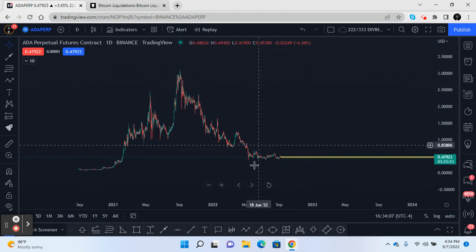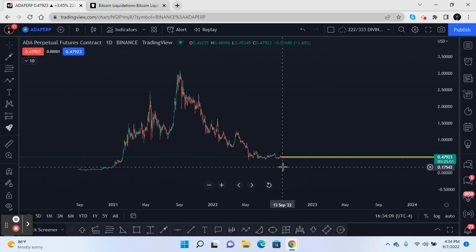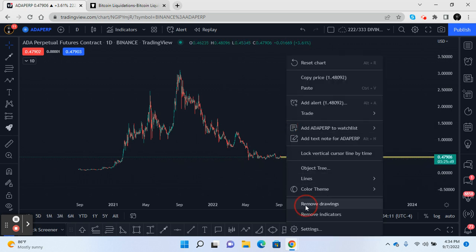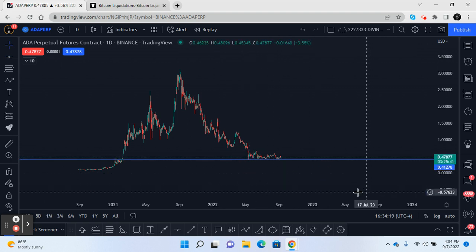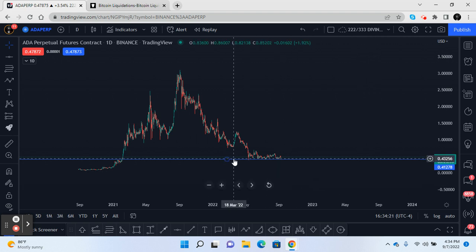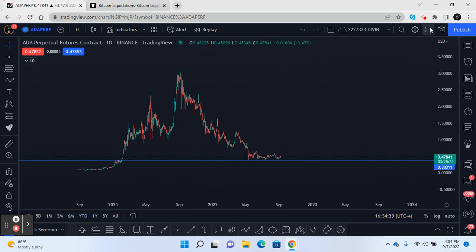This is pretty much an accumulation zone that we are at on the chart. So we do have these key little support areas right here, sitting at 41 cents, I meant. And we could go a little bit lower, probably around to the 38. So this is a region that we definitely want to keep an eye on.